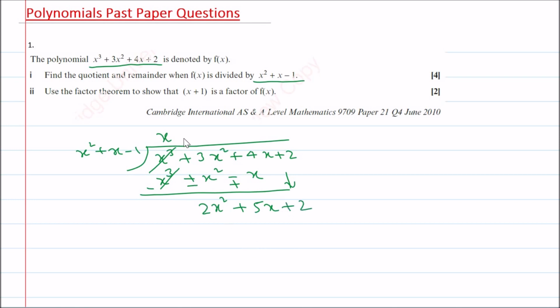Okay. Now we need to multiply by 2. So we will take positive 2 here, so 2 into x square is 2x square, plus x, so 2 into x is 2x, minus 2.